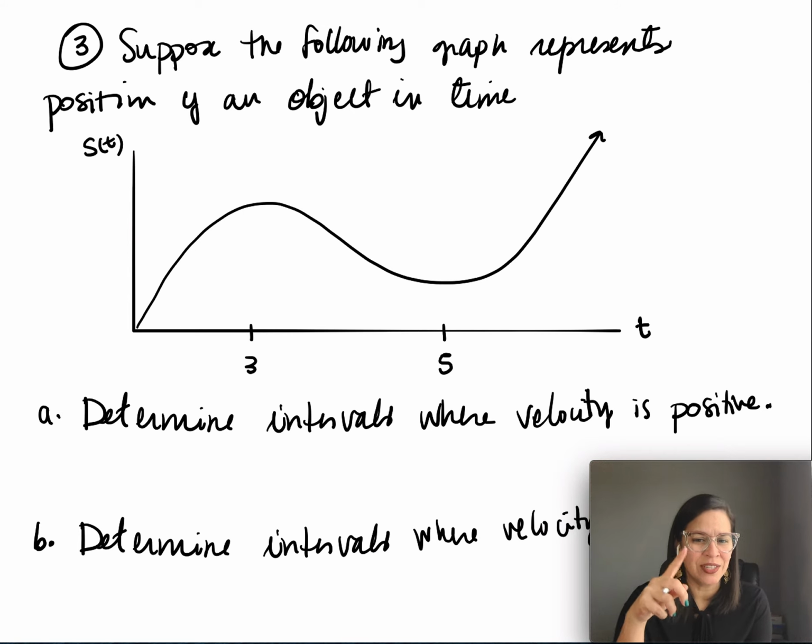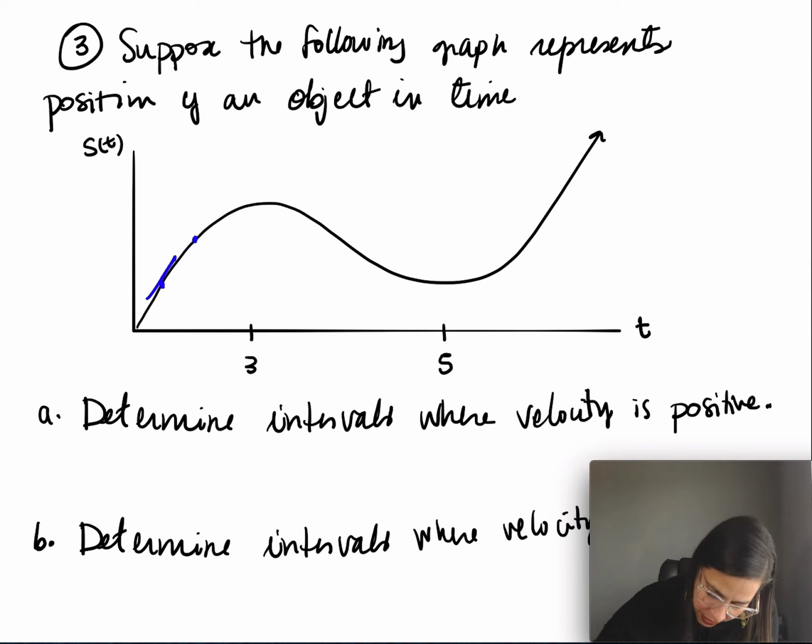Meaning the slope of a tangent line. So for example, if I draw my tangent lines here, I'm getting that s prime of t is greater than 0. Then here at 3, I get a horizontal tangent line, so I can say s prime of 3 is equal to 0.